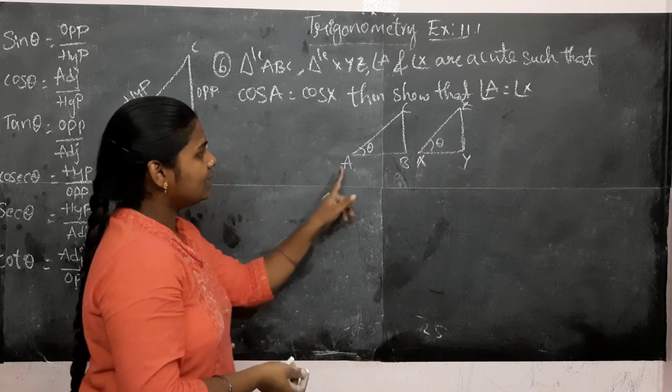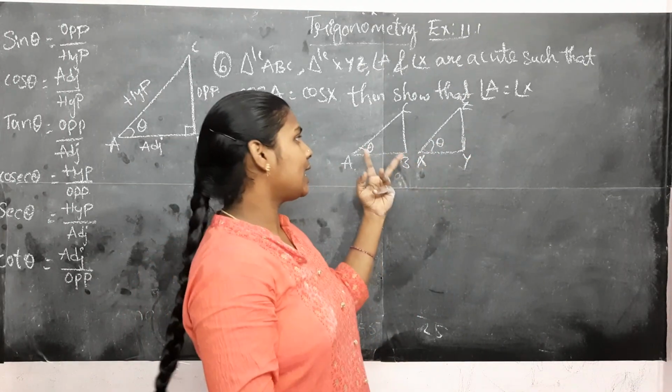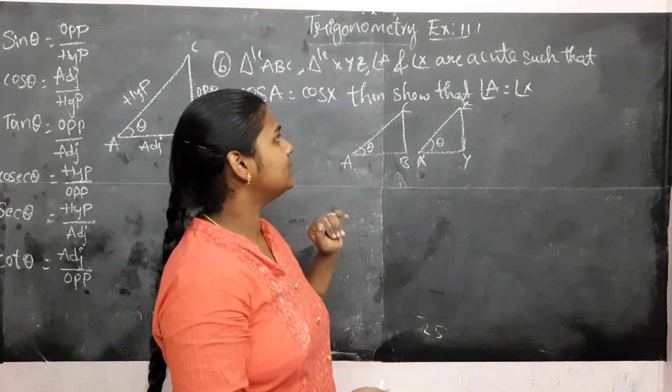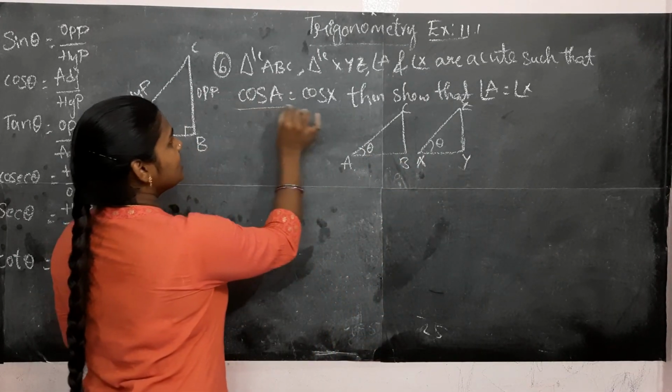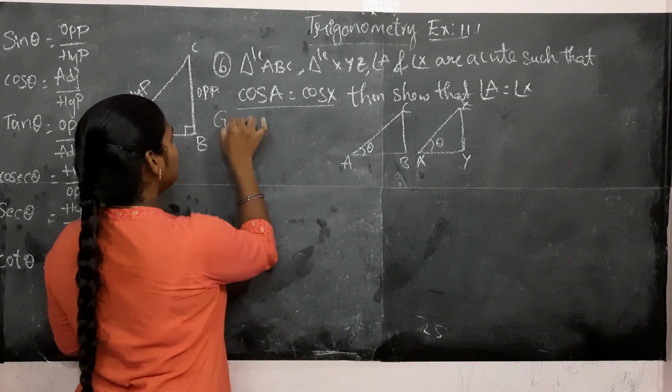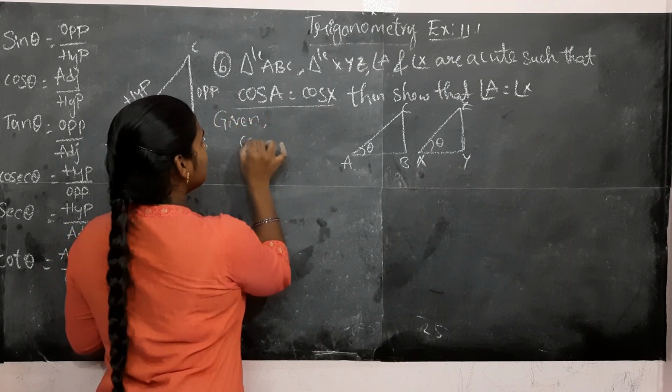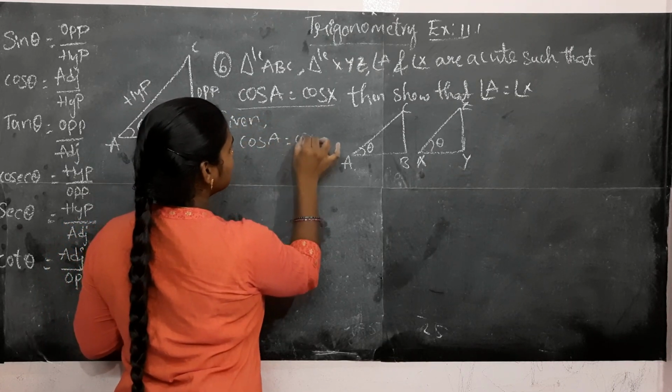They said that angle A and angle X are acute, which means they are less than 90 degrees, such that cos A is equal to cos X.